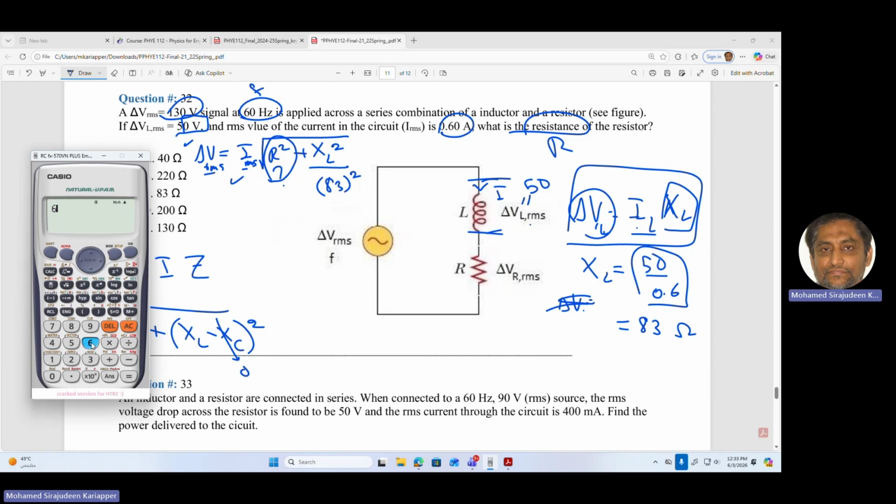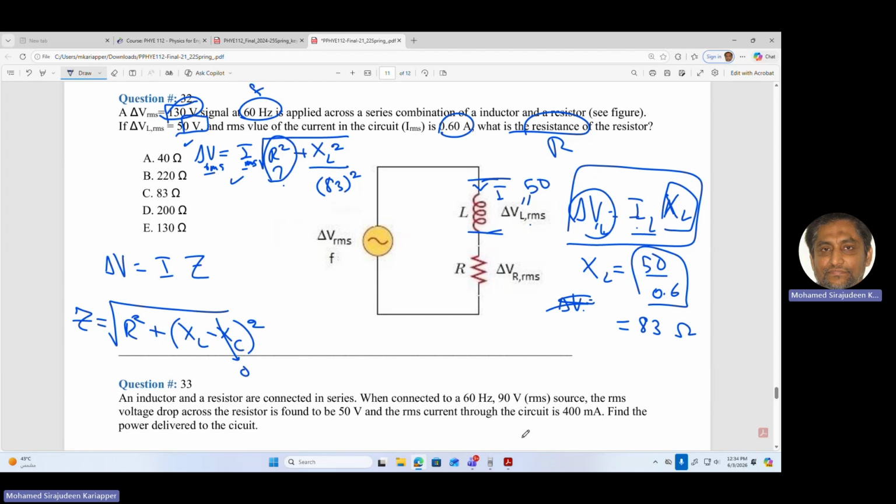It's an equation, alpha equals IRMS is 0.6 multiplied by, start the bracket, square root. Not 60, 130, right? Yeah, I'm sorry. 130.